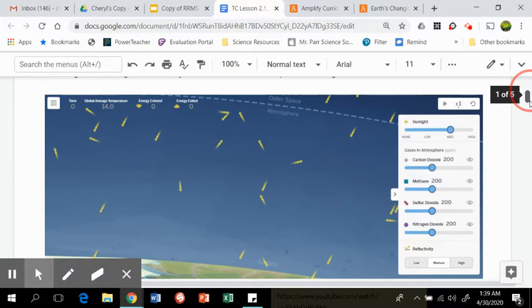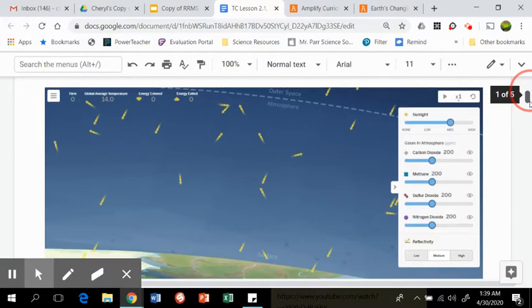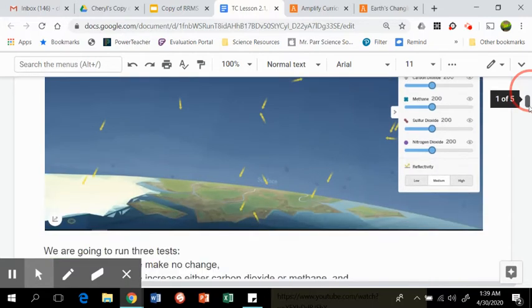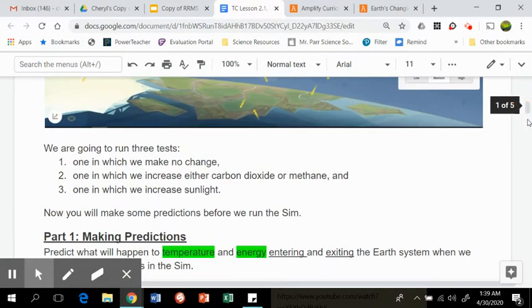If you're pouring water in a bucket and the bucket has a hole, what would be happening? And we watched a video that showed energy entering and exiting a system as well. So today we're going to run 3 tests in the SIM, one in which we make no change, one in which we increase either carbon dioxide or methane, and one in which we increase sunlight.